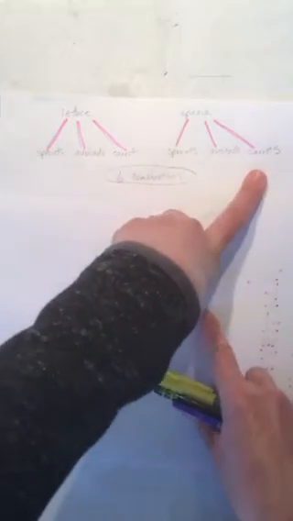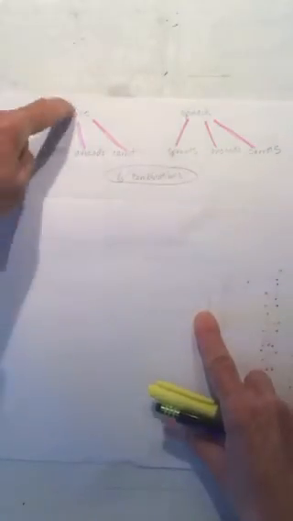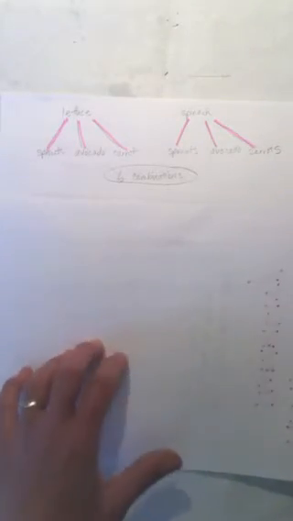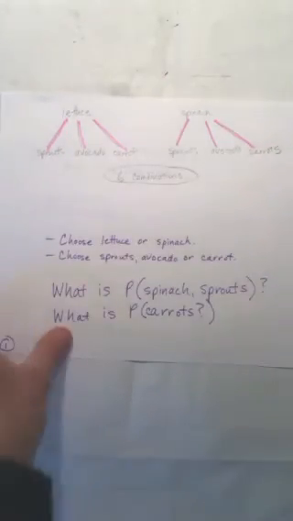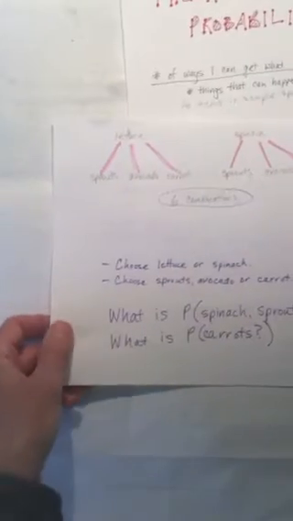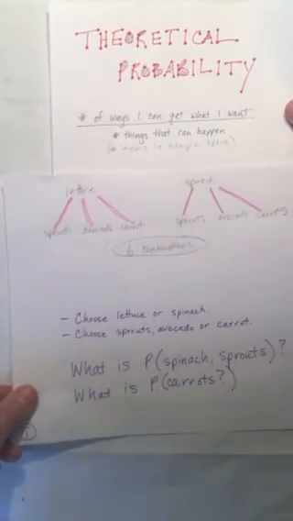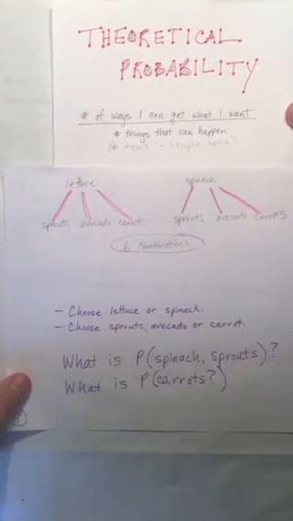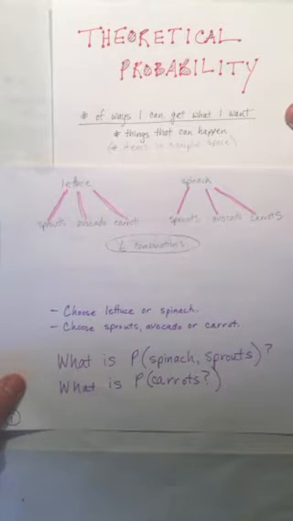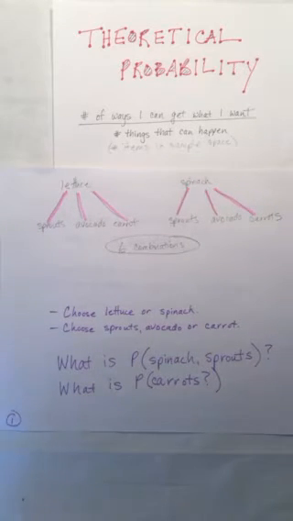We counted each of the branches on the tree, and we understood that those were each a different combination. So, keeping in mind our definition, that theoretical probability is the number of ways I can get what I want over either the number of things that can happen or the number of items in the sample space.